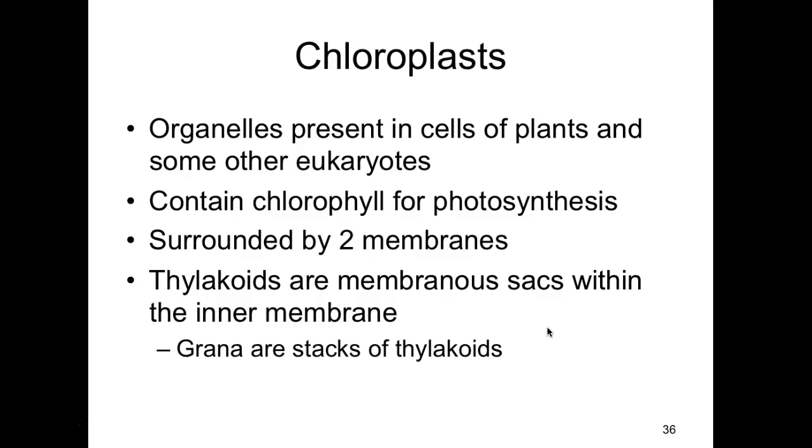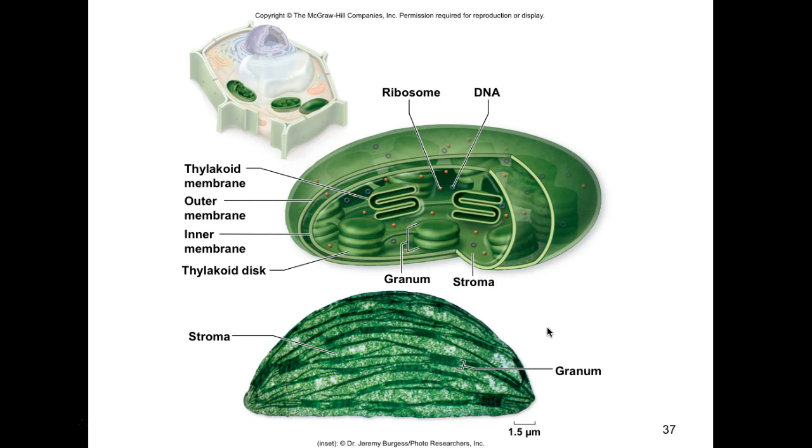A stack of thylakoids is referred to as grana. Like mitochondria, chloroplasts also have their own DNA. So when we think of the structure of the chloroplast with its DNA, and also the mitochondria with its own DNA, we also think of them as once free-living organisms.